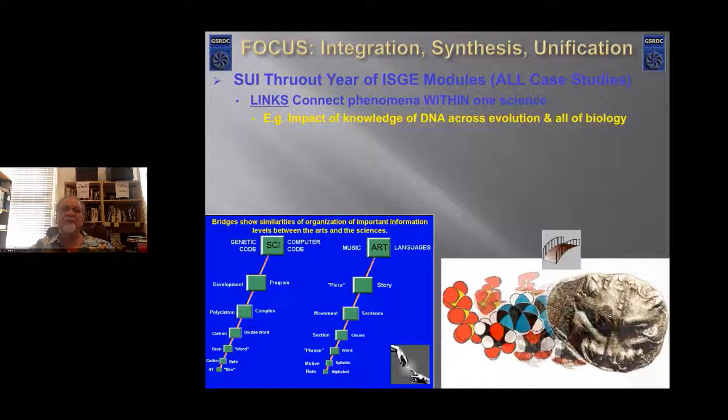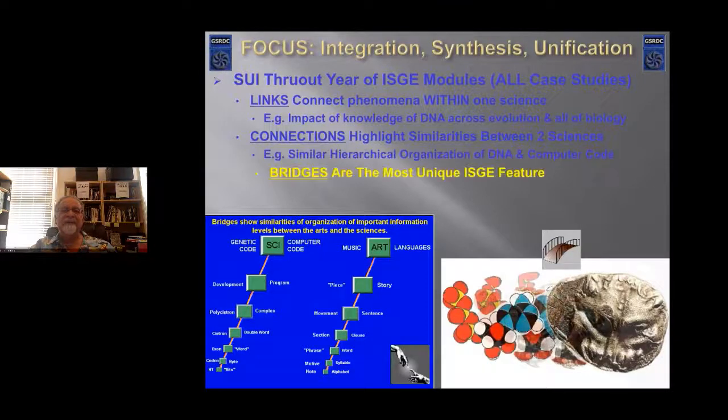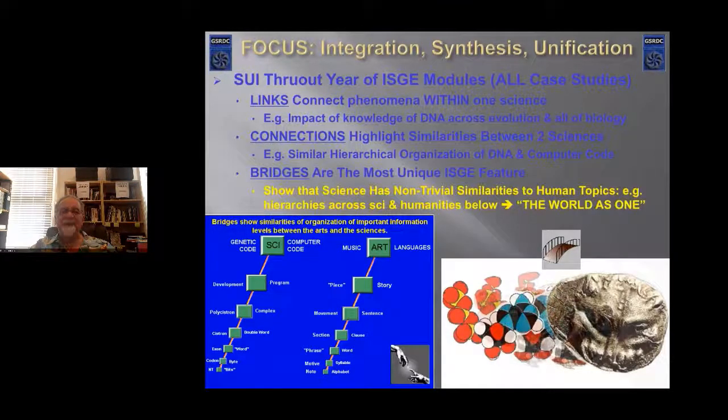Links, connections within one science, connections between 2 sciences, and bridges between sciences and the arts. For example, there are 2 shown here. This is a hierarchy, this is a hierarchy, but we showed that genetic code, computer code, music, and languages, these are the arts, music and human things, all can be broken down into hierarchies, and so in fact have similarities.